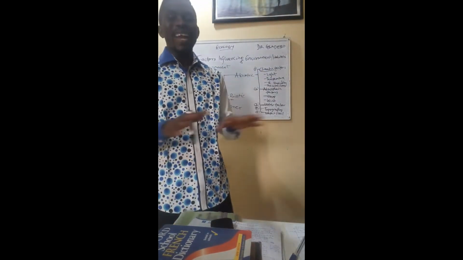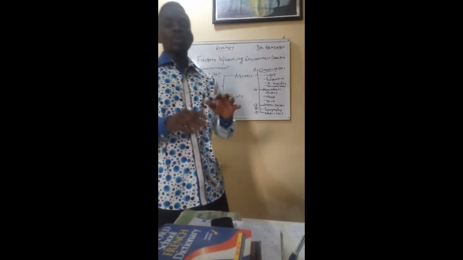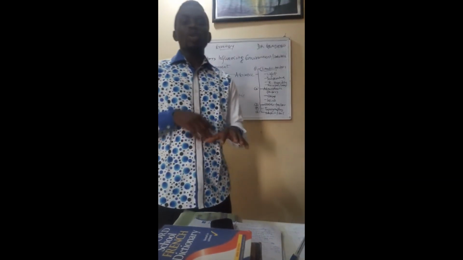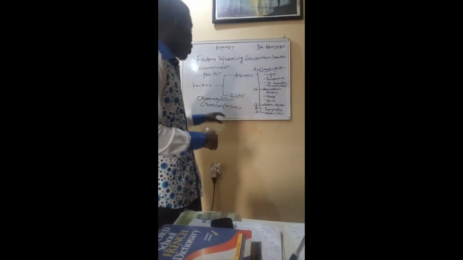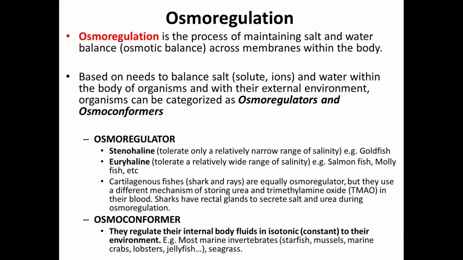They tend to balance it at every point in time. They have developed mechanisms to balance their internal salt water content to that of the environment. So they conform. They are osmoconformers.